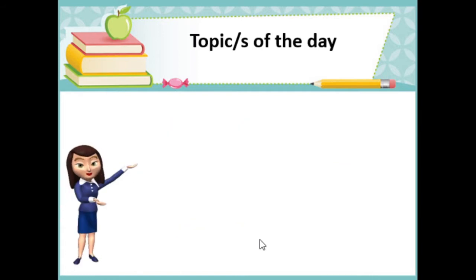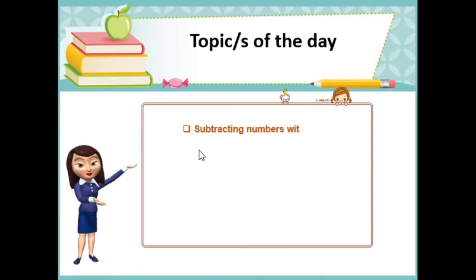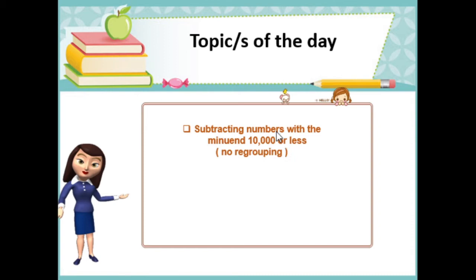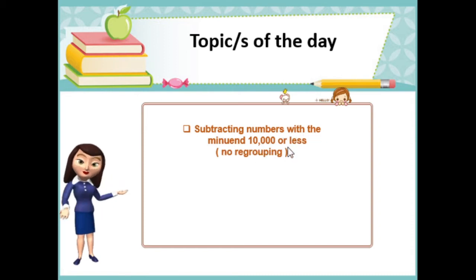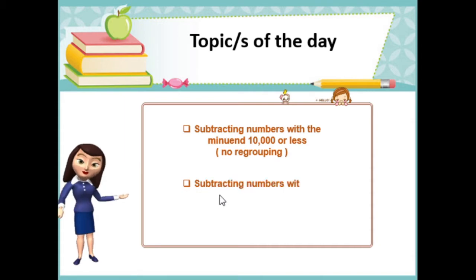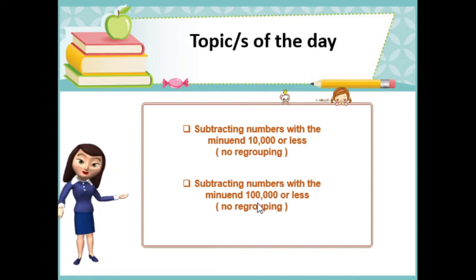Now, for our topic or topics of the day, look, we are going to talk about subtracting numbers with the minuend of 10,000 or less. That means 10,000 down. And second one is subtracting numbers with a minuend of 100,000 or less.